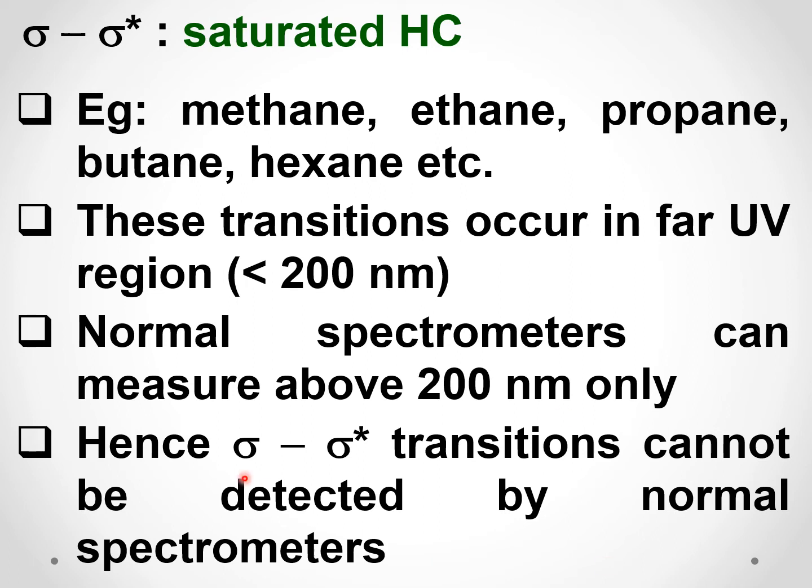So sigma to sigma star transitions are taking place, but they cannot be detected by normal spectrometers due to a technical difficulty. So this is the sigma to sigma star transition.